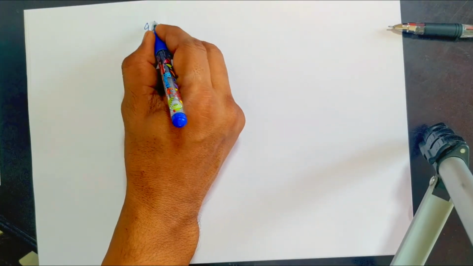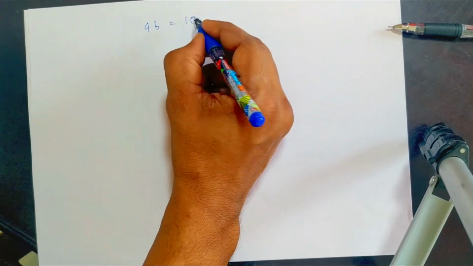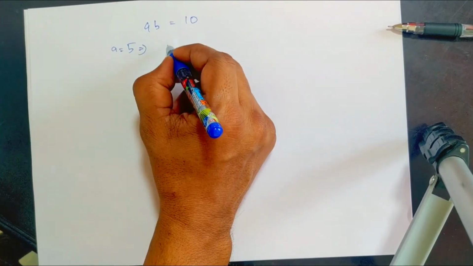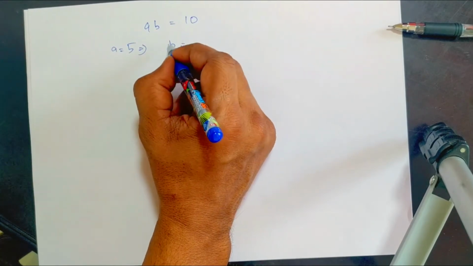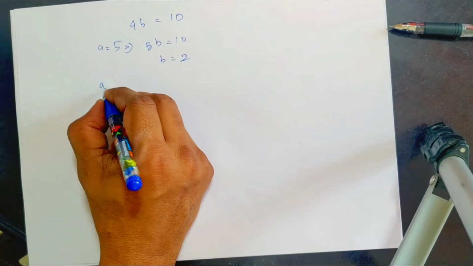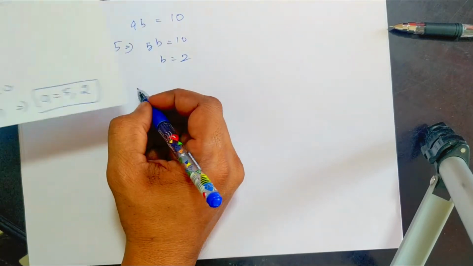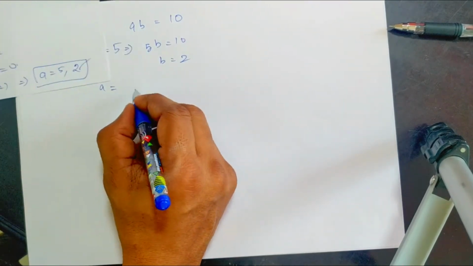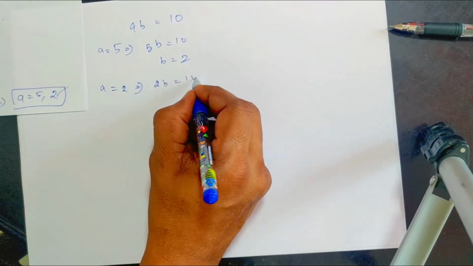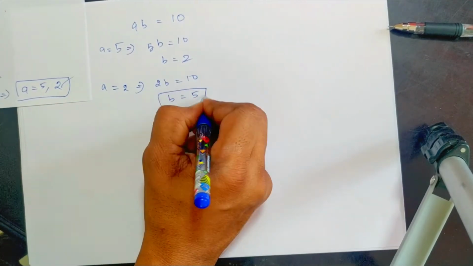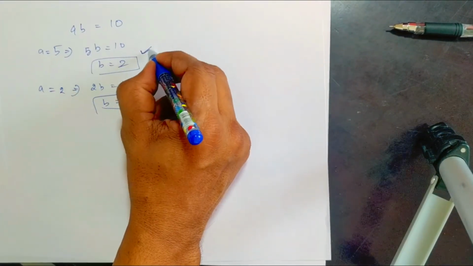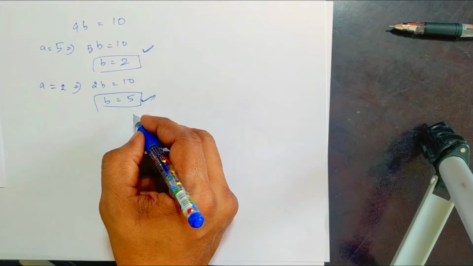From this we can calculate the B value. So AB is equal to 10. If A equal to 5, then B is equal to 2. If A equal to 2, then 2B is equal to 10, B is equal to 5. Now if we take this pair or this pair, no issues.